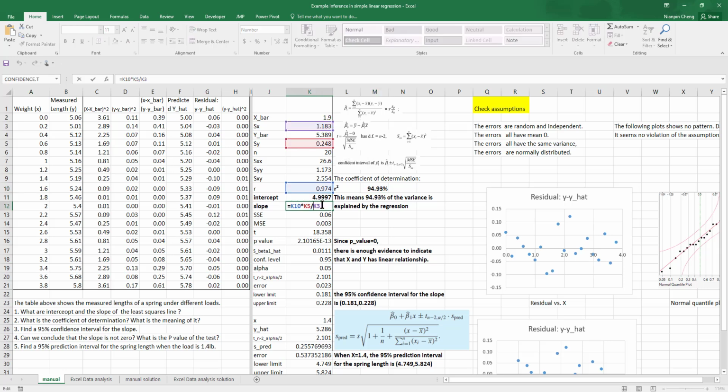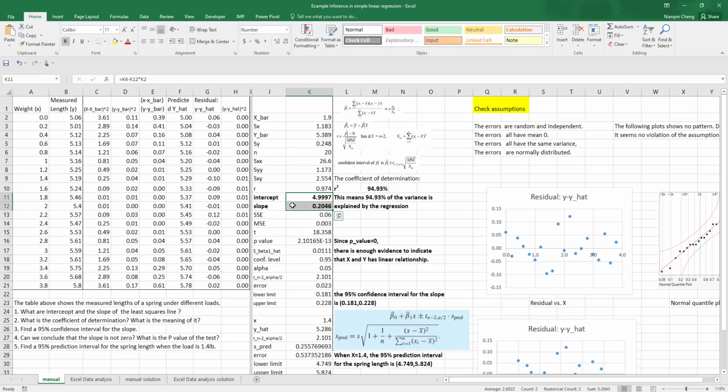Next we need to find out the model, the least squared line. The slope is R multiplied by the standard deviation of y over the standard deviation of x. So this is the slope, and then we have the formula for the intercept: y bar minus x bar multiplied by the slope.